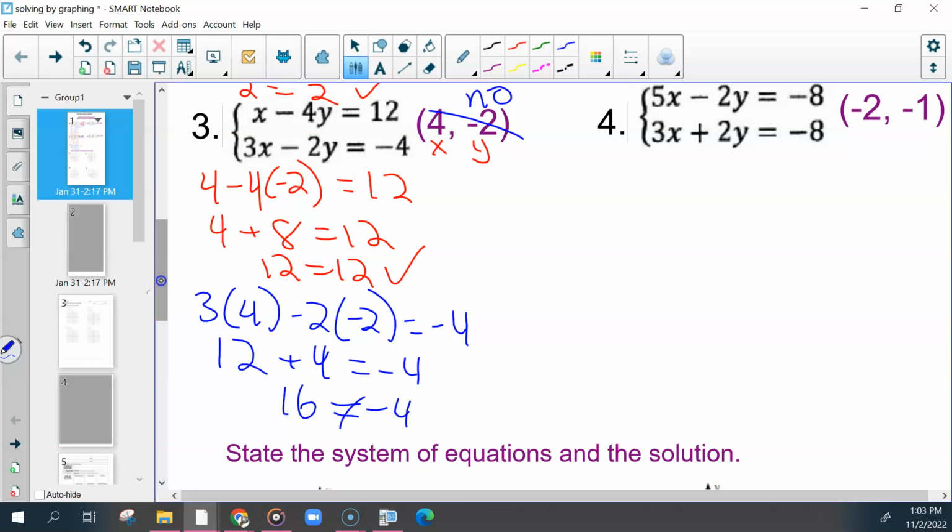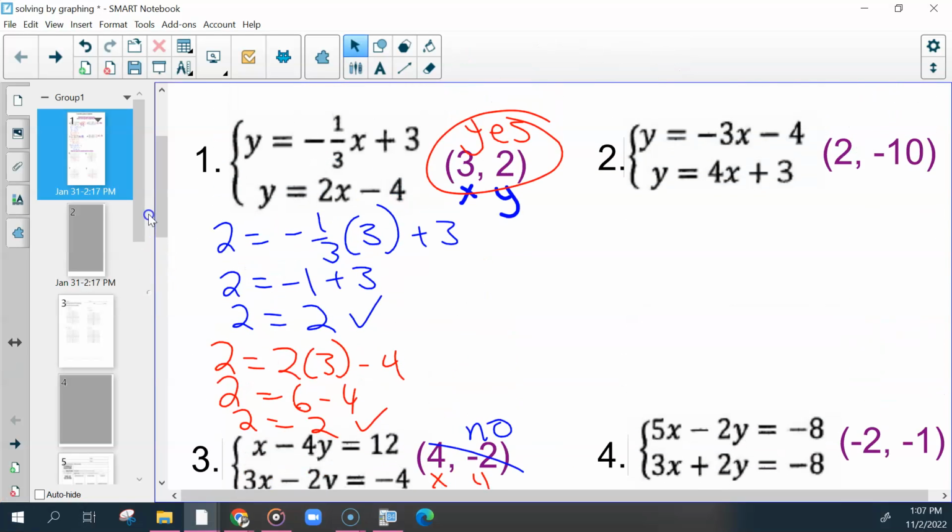I want you to try 2 and 4, and I'll give you a couple minutes to do that, and then we'll come back and talk about it. Did we find that 2 did or did not work? It didn't work. Does anyone need to see that one? Okay. And then for number 4, did that solution work or not work?